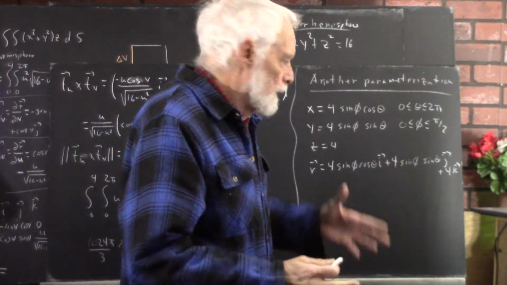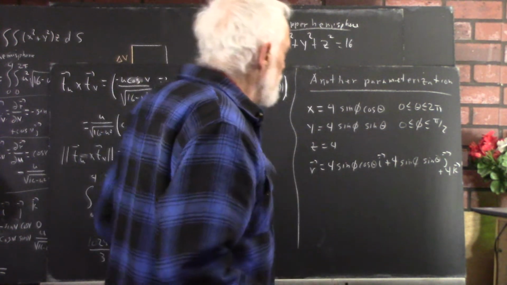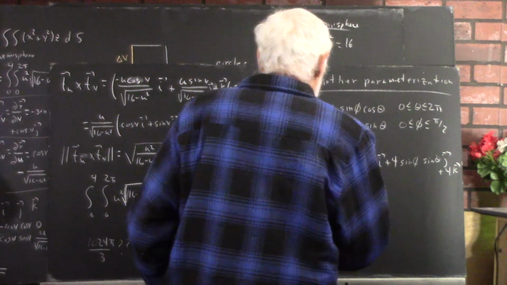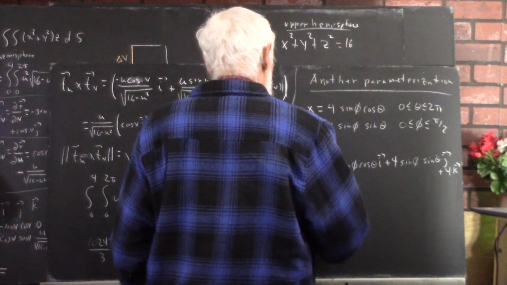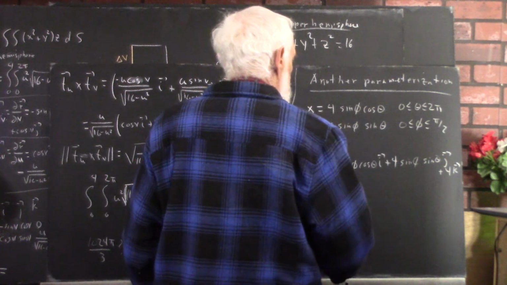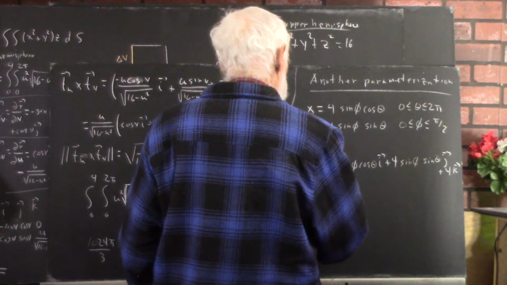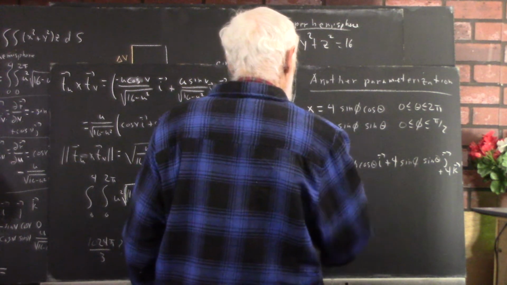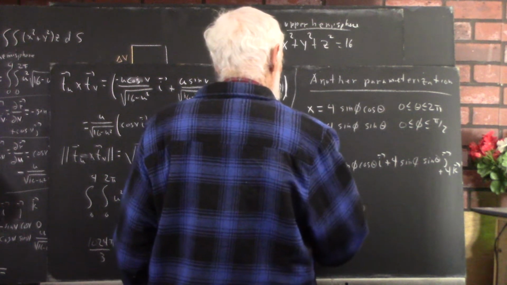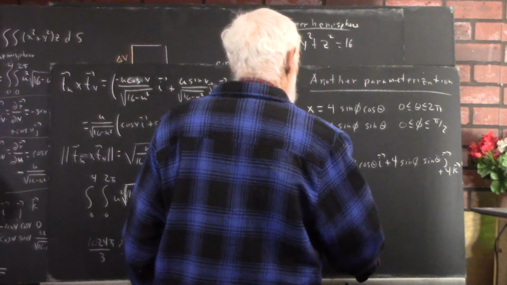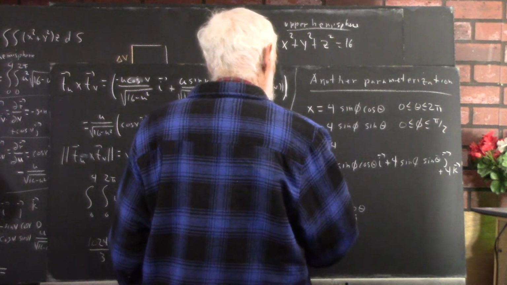Dispensing with the mapping, well, I'll just draw it here just to remind you that I really want you to think about it. If you have theta here, phi here, you have this rectangle.